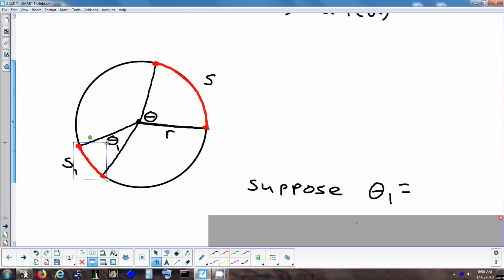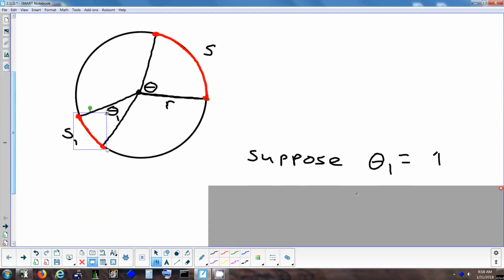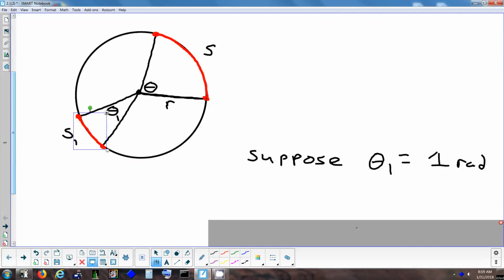And that's the starting fact we can use that would help us figure out where we begin. If we let theta 1 equal 1 radian, then this arc S1 is automatically the same size as the radius. We would know the size of the arc. So that's the connection between the angle and the arc.